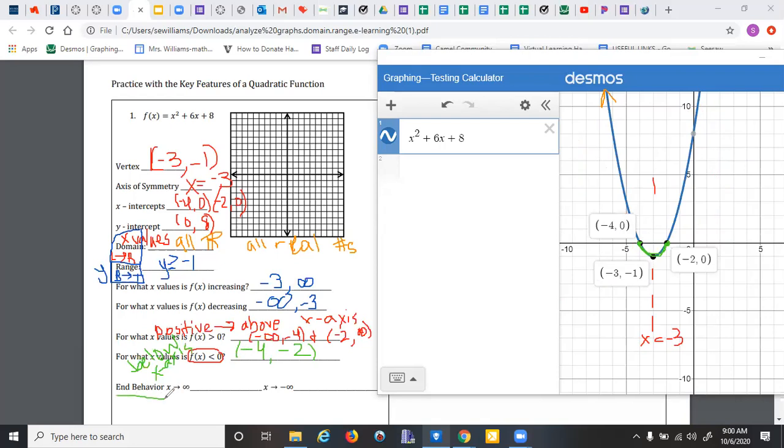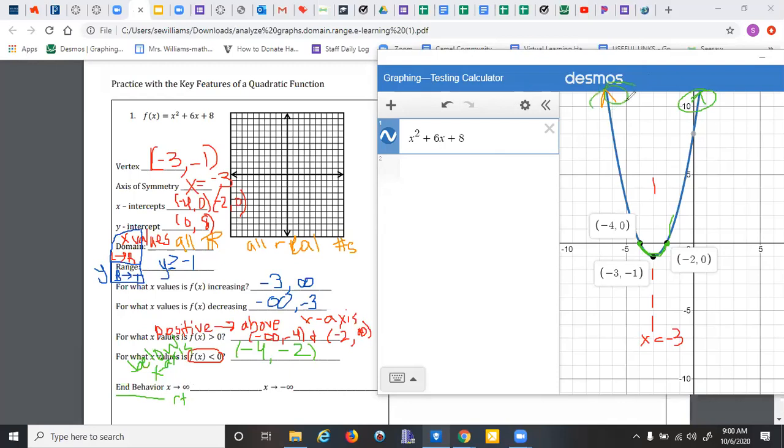behavior. As x goes to positive infinity, so that is the right side. So on the right side of the graph, as x goes to infinity, this is where you look at these arrows.